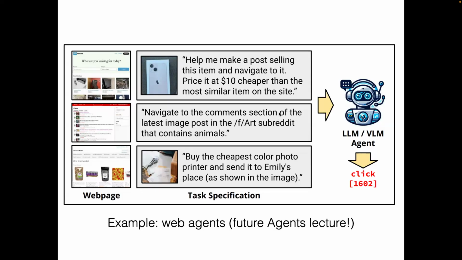Okay, and then the agent takes actions by actually producing text. So here it's producing some text which says click and then some number, and the number will correspond to basically an element on the web page. We'll go into detail on these in a few lectures from now, but the relevant part for this lecture is that you have to have a model which is able to take in both images and text.